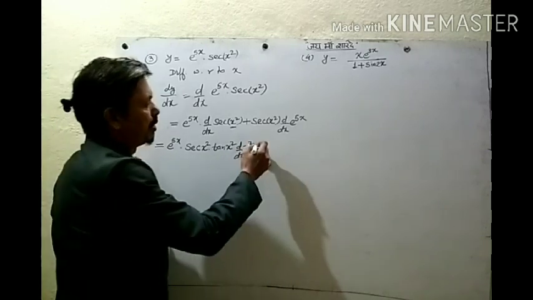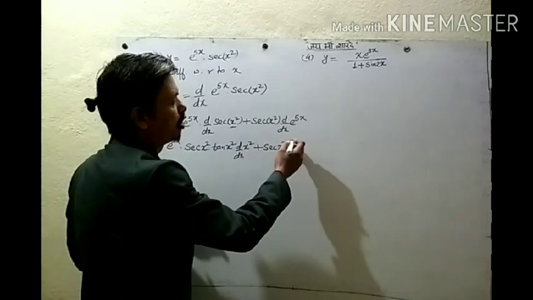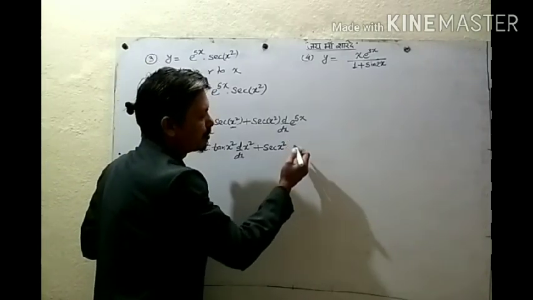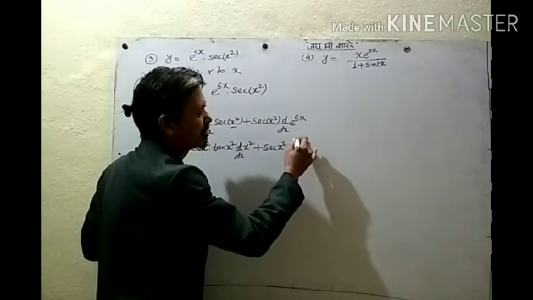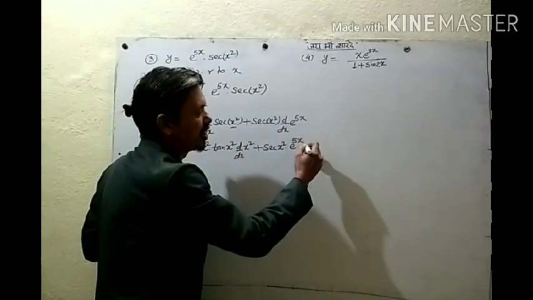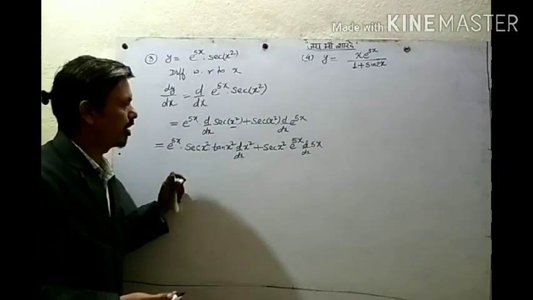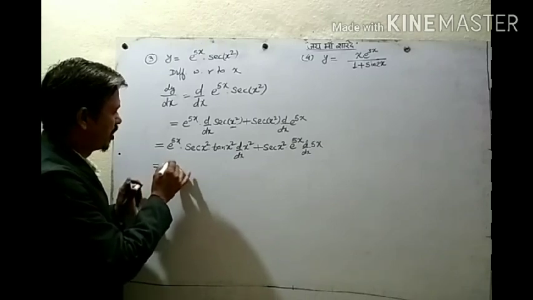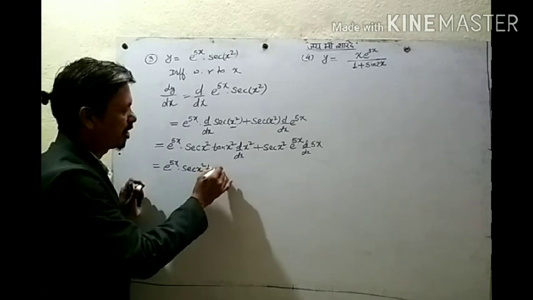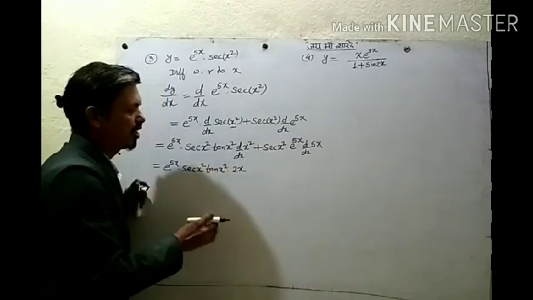Plus sec x square as it is into the derivative of e to the power 5x. It is in the form of e to the power x, so its derivative is the same, e to the power x. But it is not x only, it is 5x, so we will differentiate again. Now it is equal to e to the power 5x into sec x square tan x square, and the derivative of x square is 2x, which is our standard form.